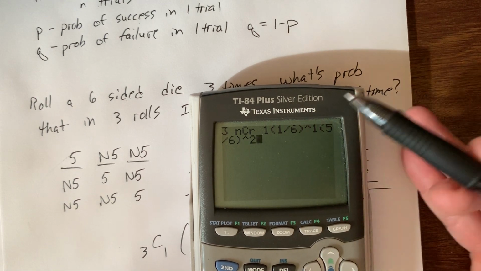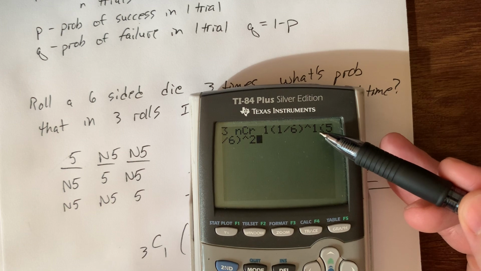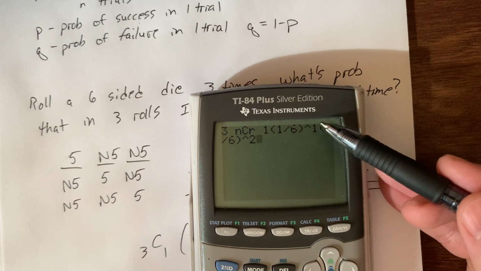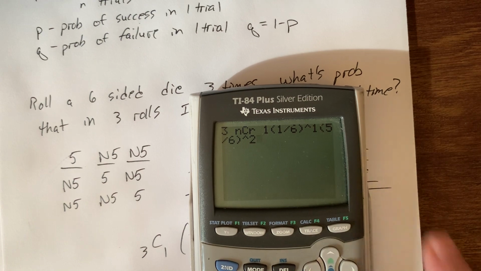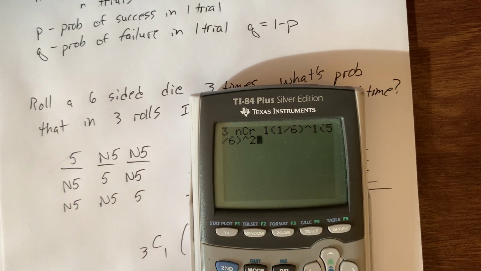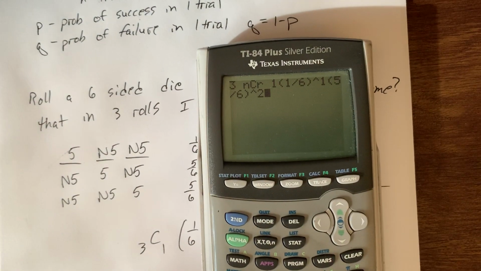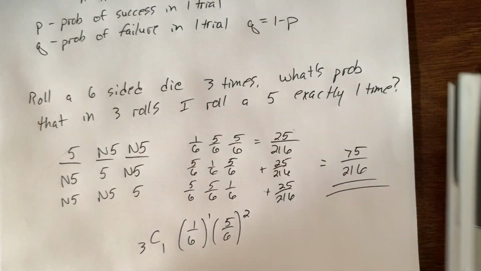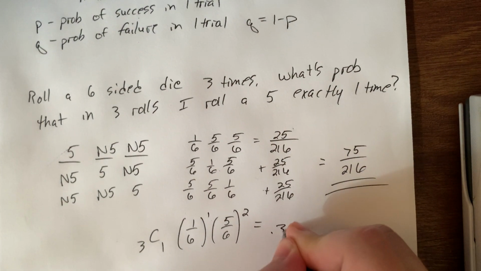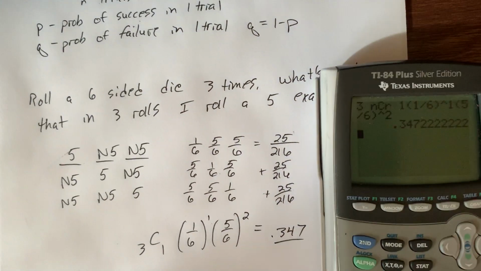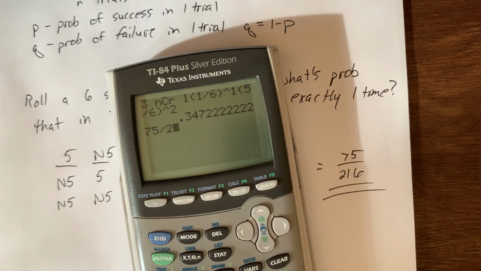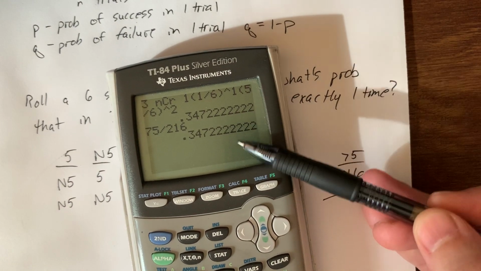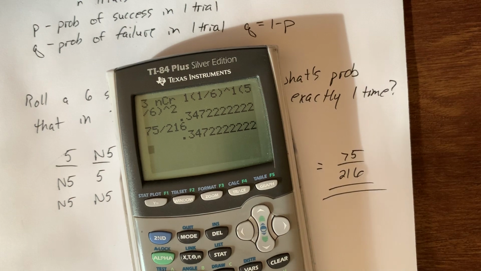Again, little options, raising something to the first power. Well, you know, that's really just itself, so you can kind of skip that. There's a few little things that come up, but overall, that's just a very literal interpretation of what I have here. I hit enter, I do it all at once, I get a decimal, rounding off, I'll go 0.347, and now let's just quickly confirm. Not a surprise when we did it as a fraction that we're getting the same thing the calculator gave us as a decimal.